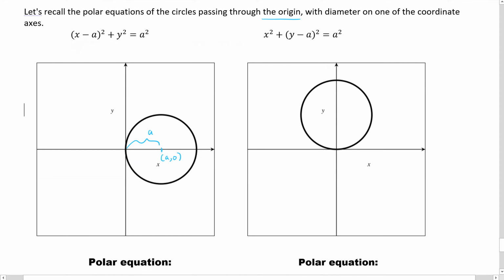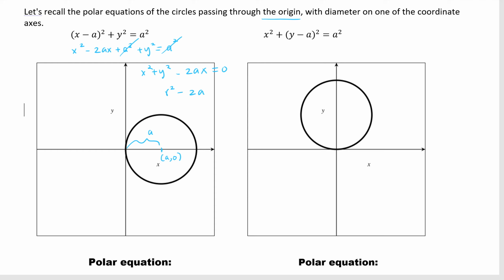Well, first of all, let's distribute it. We multiply out: x squared minus 2ax plus a squared plus y squared equals a squared. You can see the a squared cancels, and then we have x squared and y squared. When we see both together, we always put them together. x squared plus y squared changes to r squared, and x is r cosine theta.